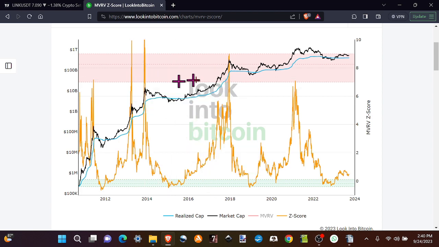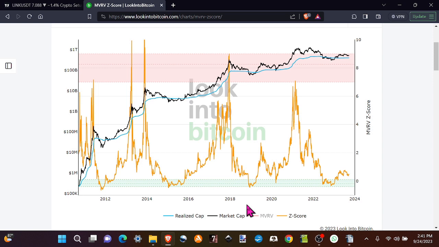So it's calling these tops and these bottoms within 2 weeks, which, from an investor perspective, is gold, right? Because if you can nail the tops and bottoms within 2 weeks, that's pretty incredible. I mean, that is the high 90th percentile of the move, of the trend, right?